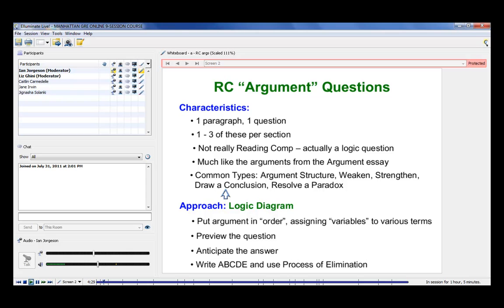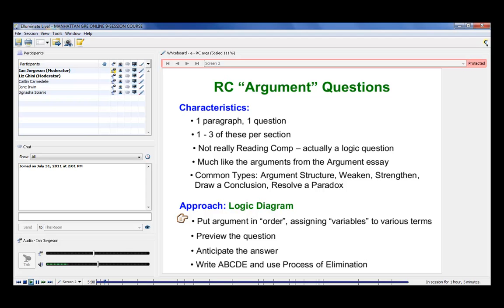And that's the type of question that's actually pretty similar to the reading comp, at least the reading comp questions that ask us to infer something. So our approach is going to be a little bit different than what our approach is for reading comp. There's a lot less text to read. So it's a lot less about trying to get the big picture and ignoring the details, and more about trying to understand how each of the different parts of the argument fits together.